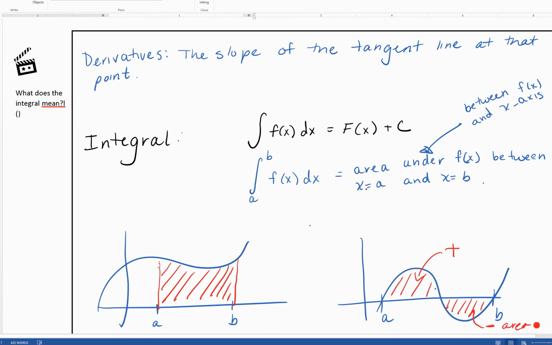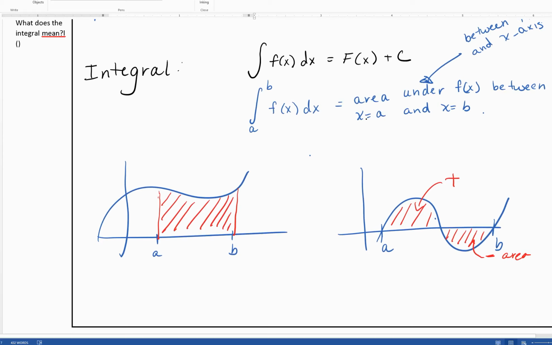And I know that's hard to think of. You've never heard of negative area before, but when we're below the x-axis, we'll consider it negative. So that's the geometric interpretation of the integral.